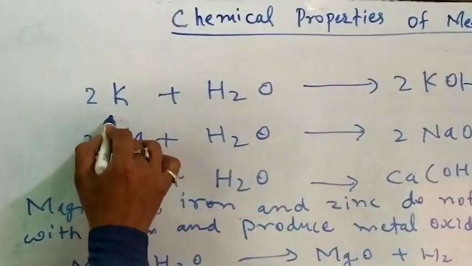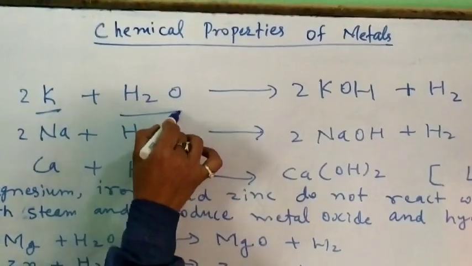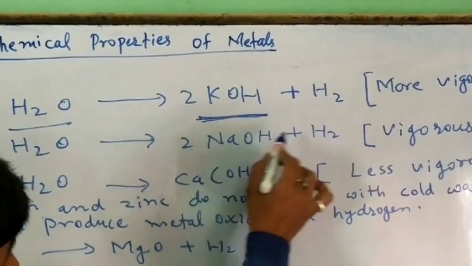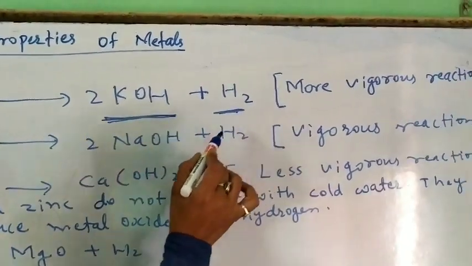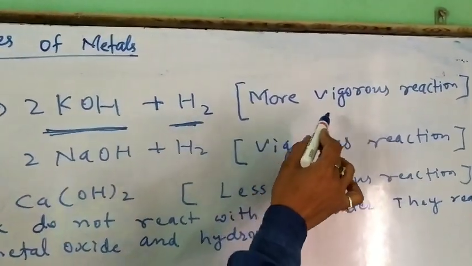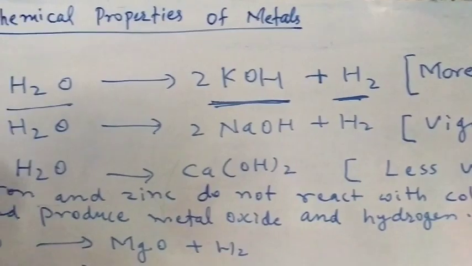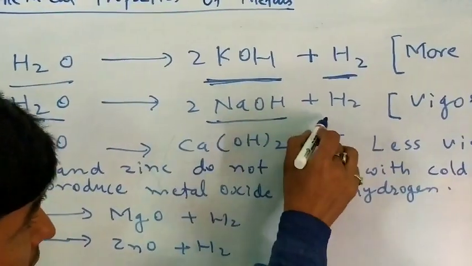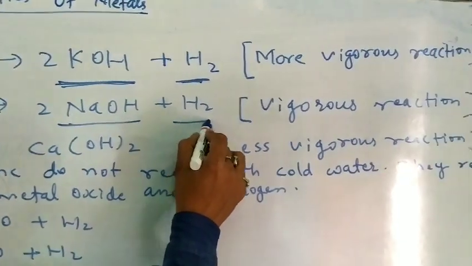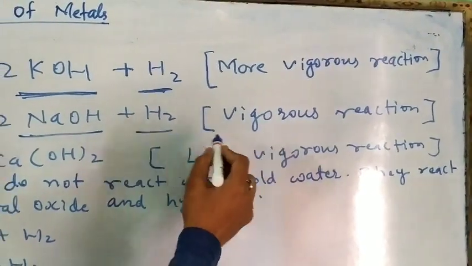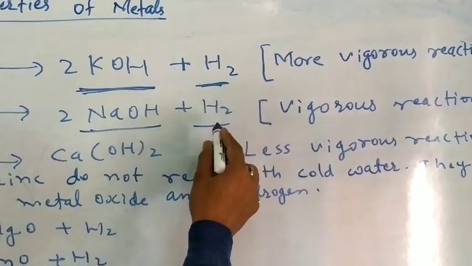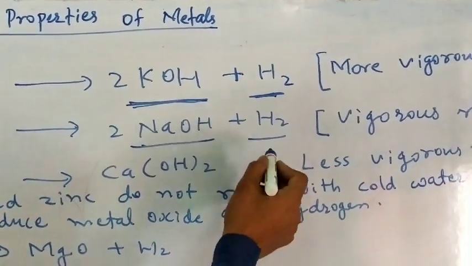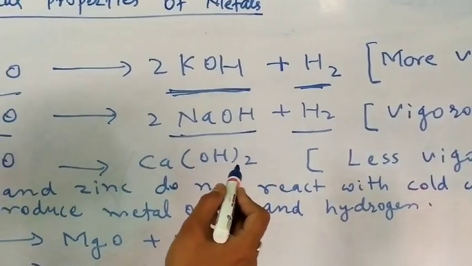For example, potassium reacts with water to produce potassium hydroxide, an alkali, and hydrogen gas. This is a more vigorous reaction. Sodium reacts with water to form sodium hydroxide and produce hydrogen gas. This is a vigorous reaction, and the produced hydrogen gas can catch fire because it reaches the ignition temperature and burns.